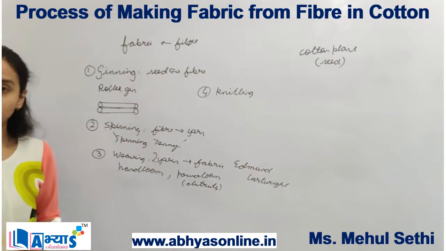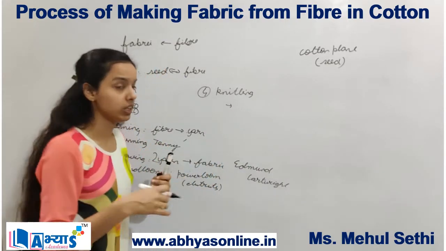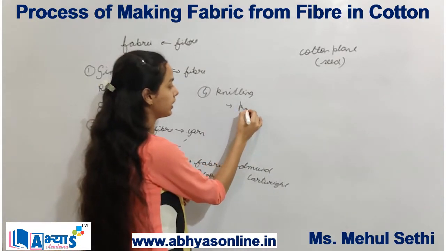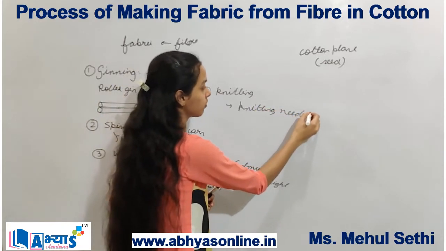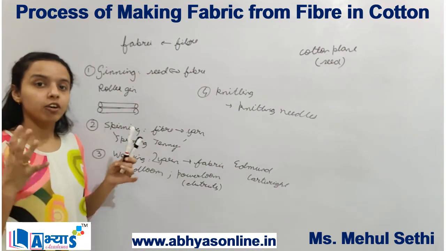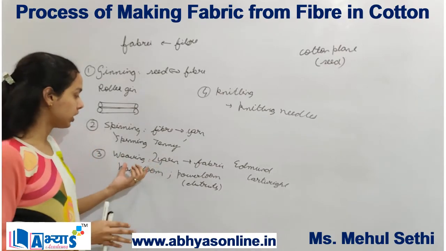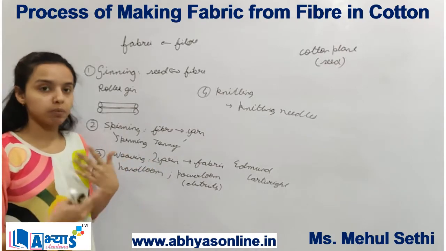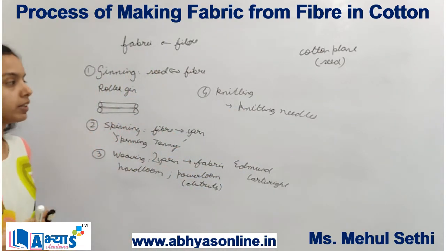When similar types of yarns are used together, we have special needles known as knitting needles. You must have seen these needles in your home. Knitting needles are used to make a fabric from similar types of yarn. When we have different types of yarn, we use a weaving machine. When we have similar types of yarn, we use knitting needles for the process of knitting.